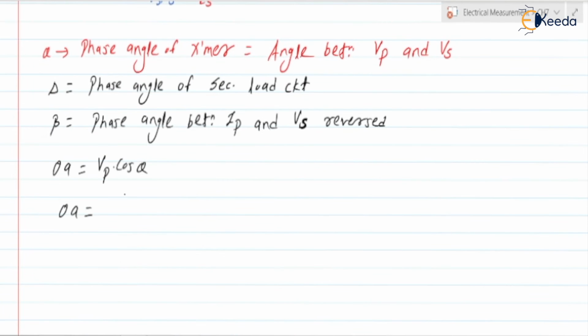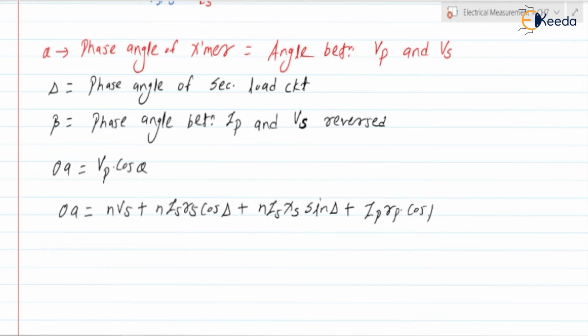So we can write N Vs plus N into Is into Rs into cos delta plus N into Is into Xs into sin delta plus Ip into Rp into cos beta plus Ip Xp sin beta.